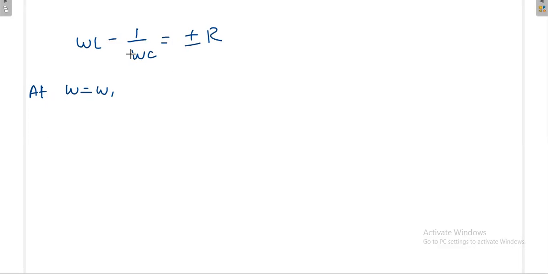We have to see when ω is equal to ω₁, whether we will get plus R or minus R.